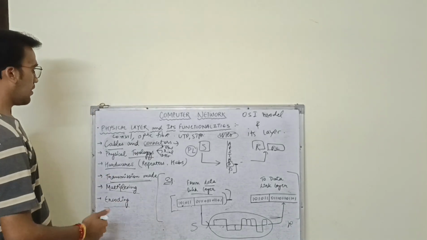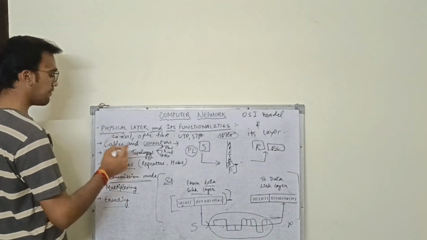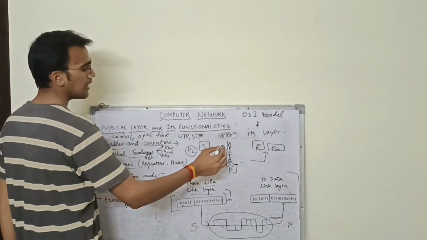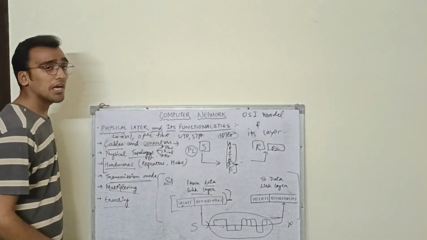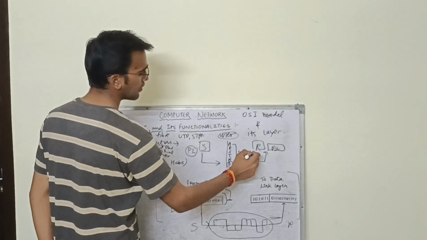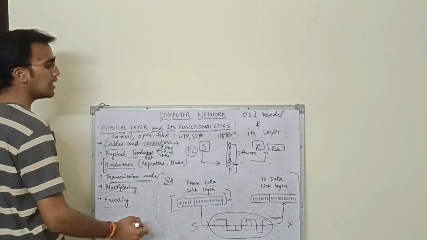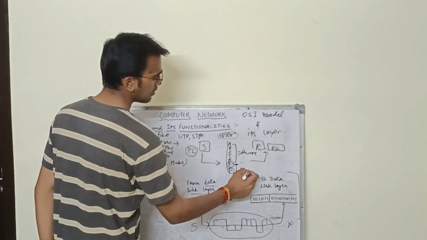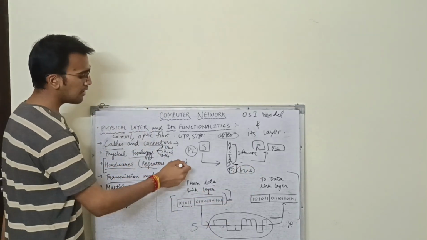Now the most important part: it uses hardware also. In the application, presentation, session, transport, network, and data link layers, it mostly works on software to convert the data. But the physical layer uses both hardware and software. The hardware uses repeaters and hubs.